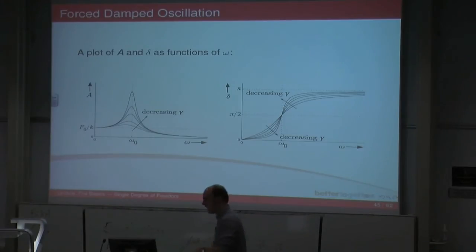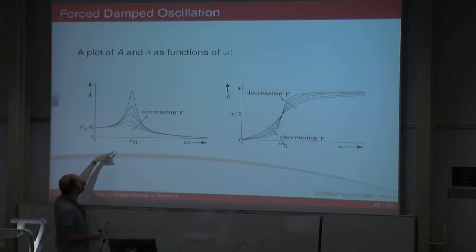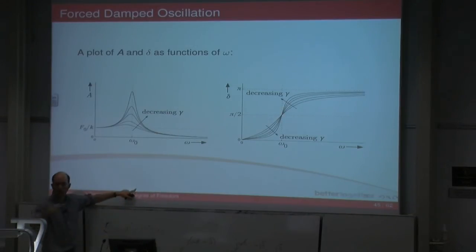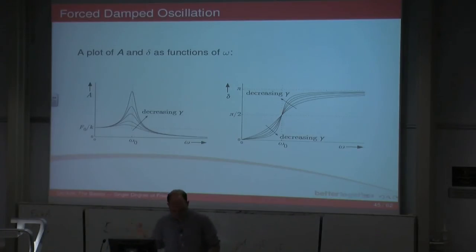And again, that relates quite closely to what we saw with the free oscillation. You saw, remember, with the free, the amplitude went up to infinity, then came up from minus infinity to 0. Well, minus infinity means it's 180 degrees out of phase, if it's got a minus sign. And that's exactly what happens here. It's the same thing, except it's represented in a slightly different manner. We've got a phase and an amplitude.